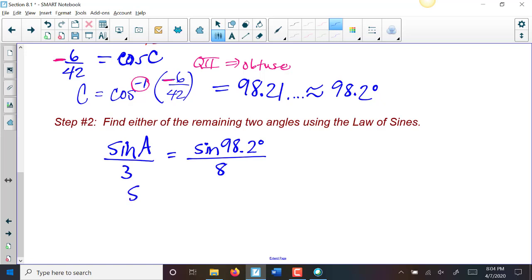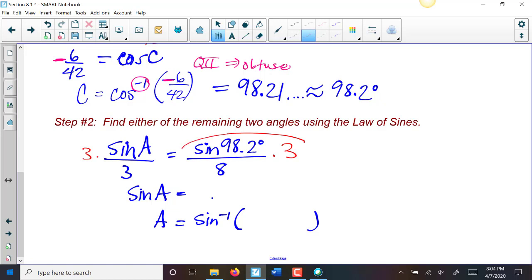So we want to solve this for angle A. Here's where you could jump to the next step if you want, because you're going to find the inverse sine of whatever that is. You would be multiplying both sides by 3, so whatever that comes out to be is going to go in here. You can jump right to the inverse sine step, that would be fine with me.